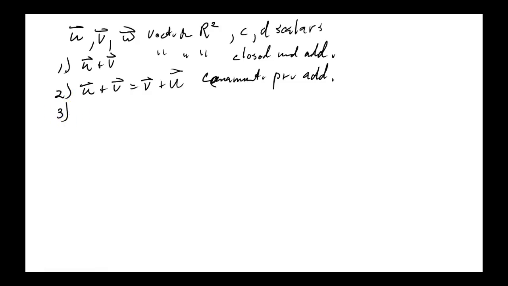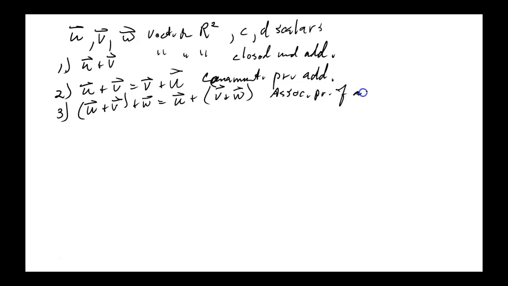Number 3. If you're adding 3 vectors, U plus V, and then add W to that sum, you get the same thing as if you had added U to the sum of V plus W. And that's the associative property of addition of vectors.